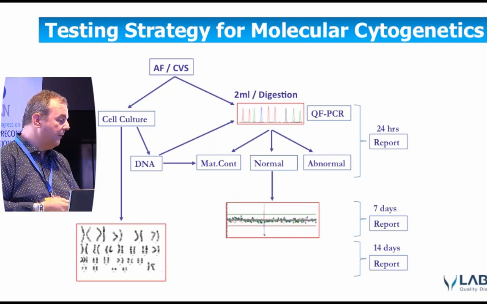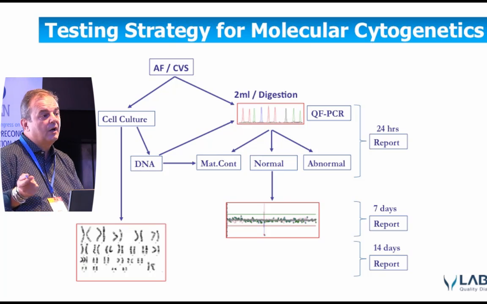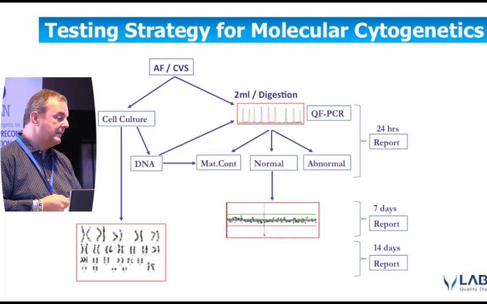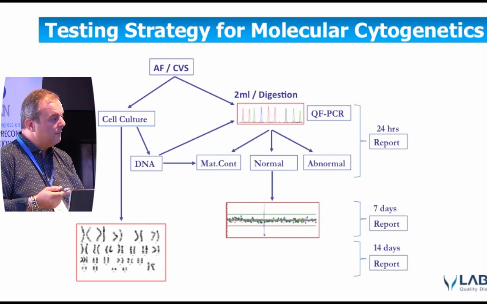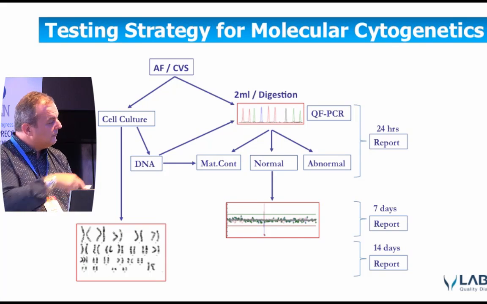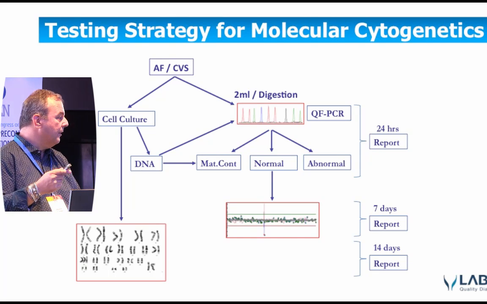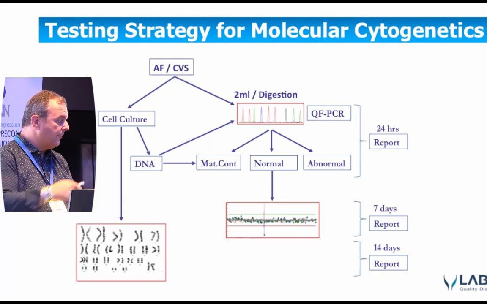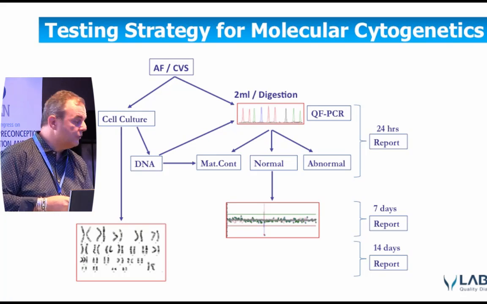In this example it is a prenatal microarray, which can be reported usually a maximum of a week after the fetal sampling. And then, if karyotype analysis is requested, the cell culture can be harvested to prepare chromosomes, and the chromosomes can also be analyzed. With this, I'm finished. Thank you.